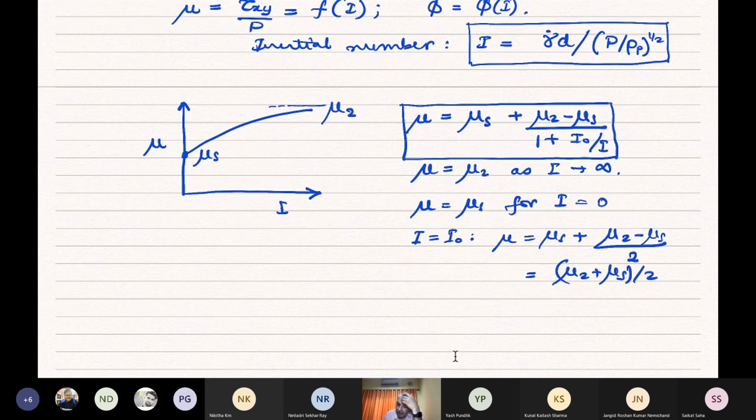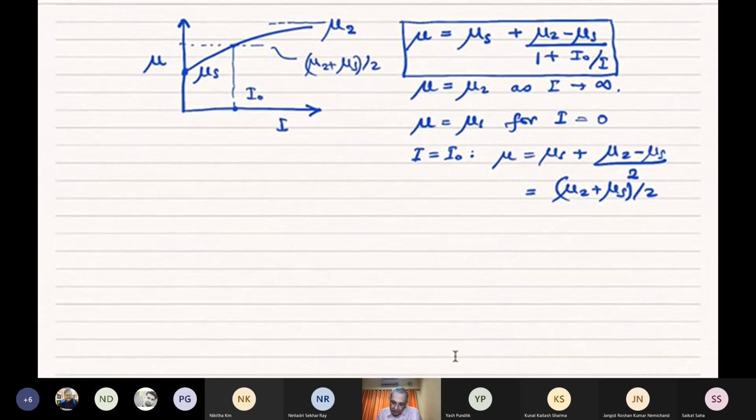So when I is equal to I0, if you take the midpoint of these two things, that is mu s plus mu2 divided by 2. So this line is that. Then wherever it meets here, this point is I0. So this is what the expression looks like.